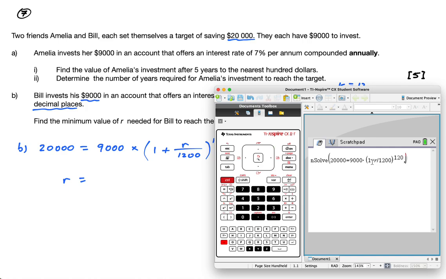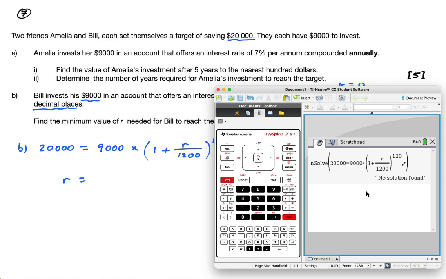And then we do comma r, so find r, press enter, and then I got this: no solution found. But I know there is a solution. There's definitely a solution here, because obviously you can make r bigger or smaller, and I can make it as big as I want. I can get from 9,000 to 20,000 with a big interest rate. So there's a problem there.